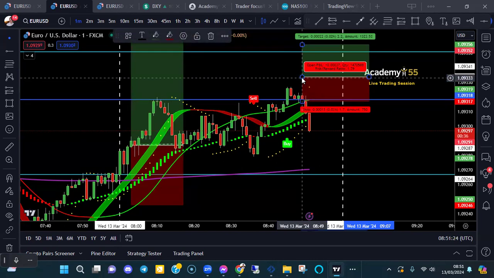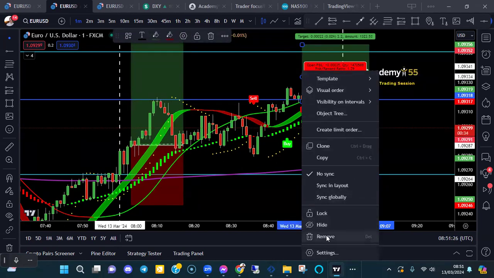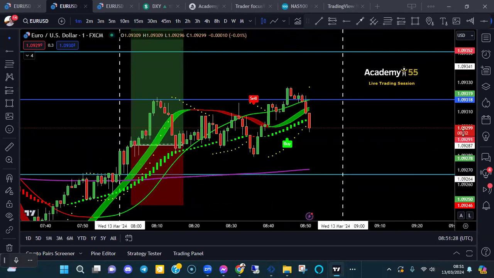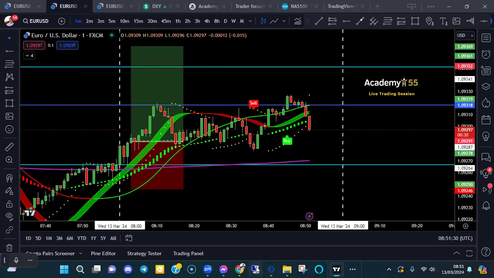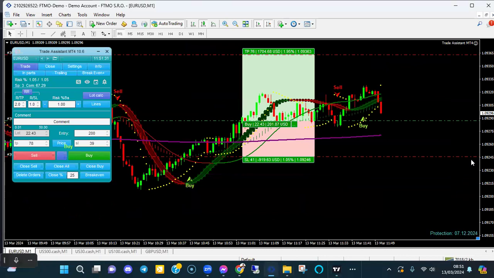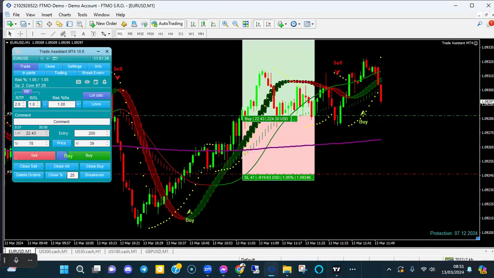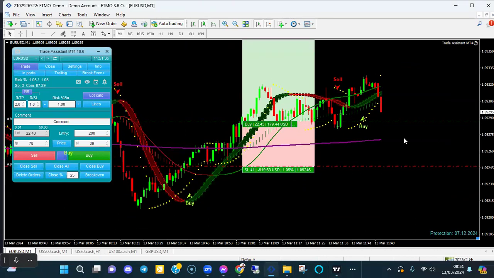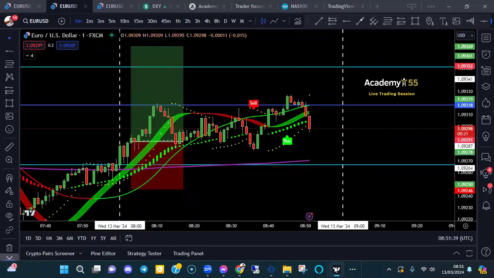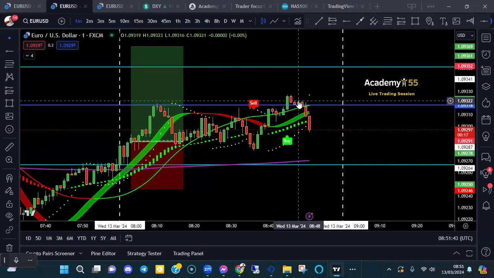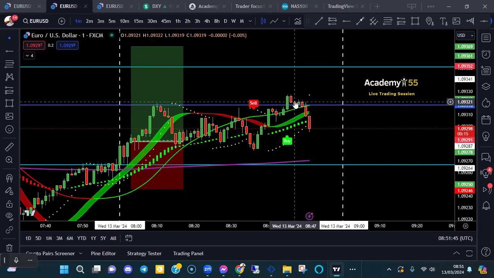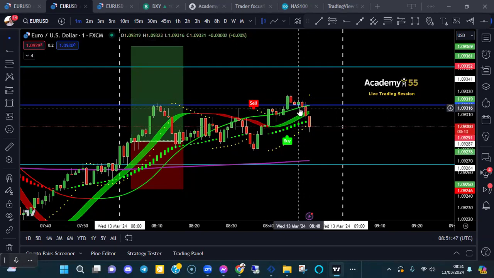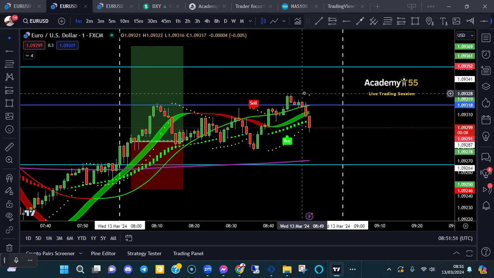Anyway, so yeah, you need price to do that. Let's see where we are. You'd want price to be more than 2 pips away from the trend line, because that's where you want your stop loss, on the trend line, and it's far too close to the entry.